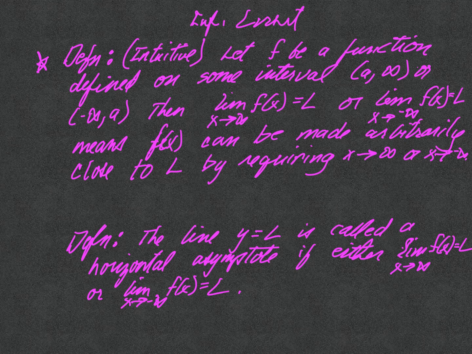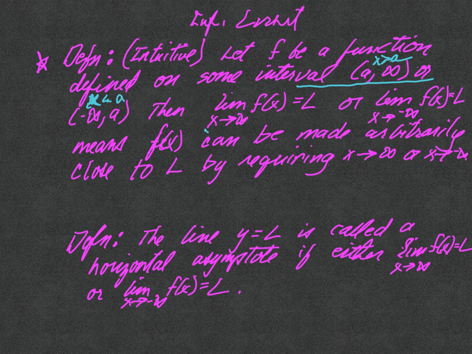We just want a function defined either on the interval from a to infinity or from negative infinity to a. A to infinity means for x greater than a, and negative infinity to a means x less than a. Okay, so those intervals.